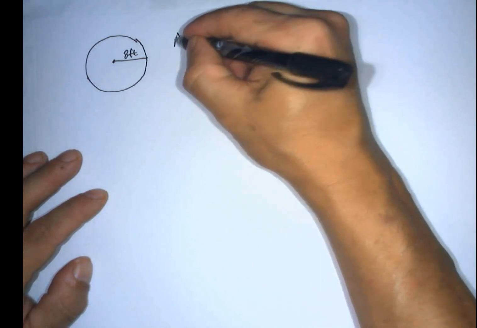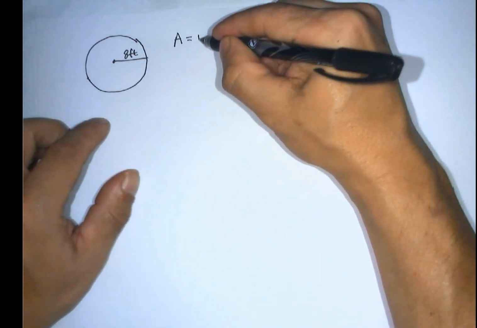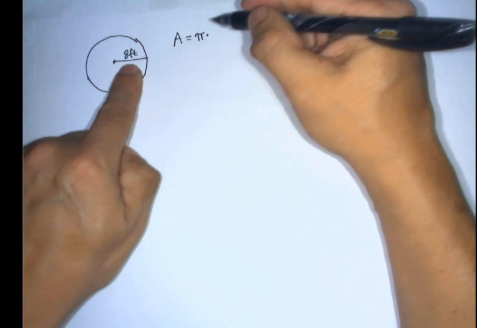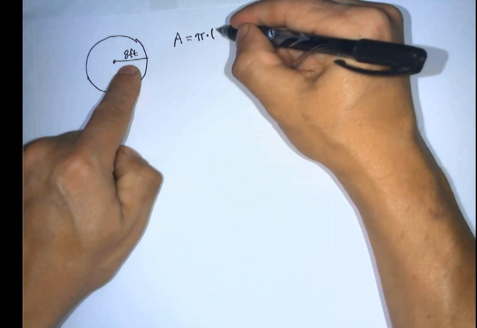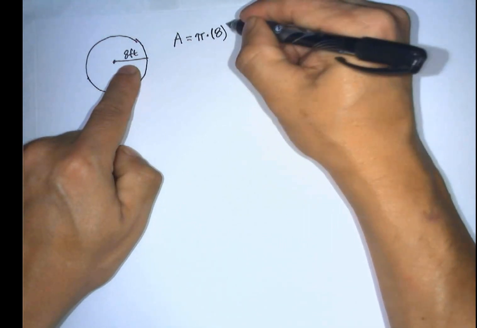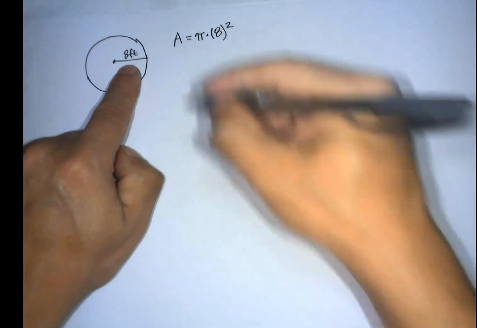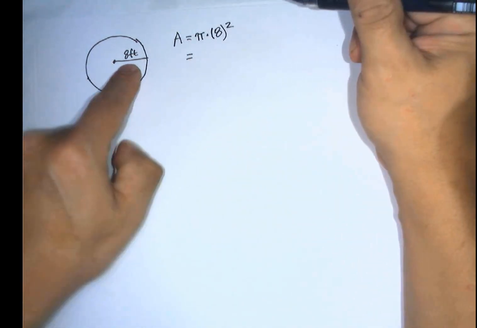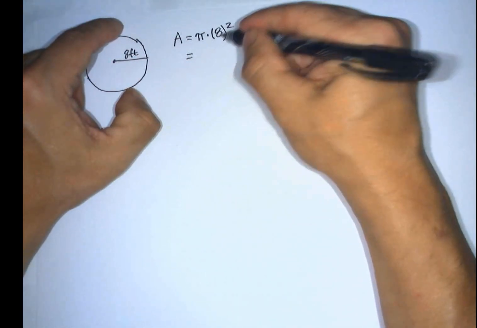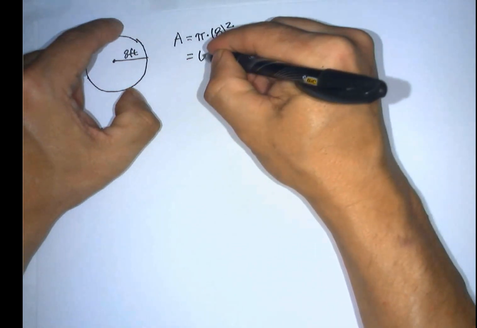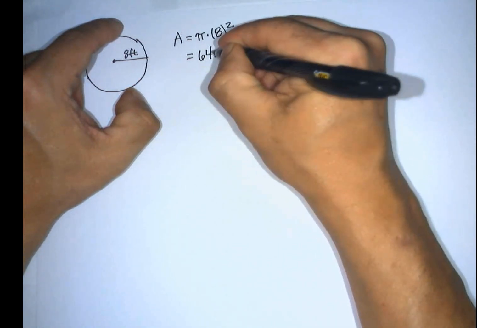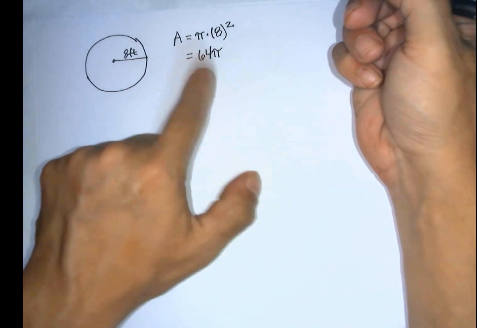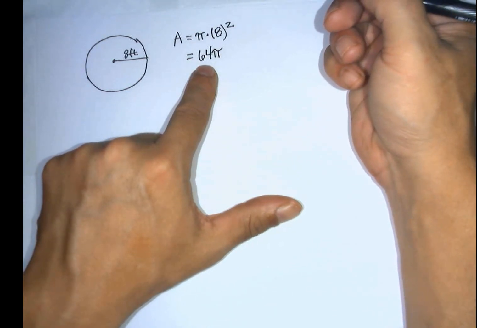Find the area. Okay, so that area is going to be pi times the radius. The radius is 8 squared. So to simplify this, we do the exponent first, so it's going to be 64 pi. And in most cases, this answer is perfectly acceptable.